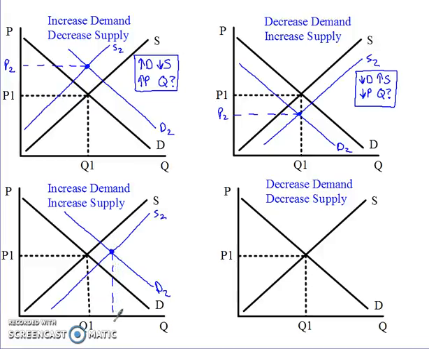I'm going to mark my new quantity, Q2. And then the price is going to depend. The way I drew it, it looks like price went up a little bit, but I didn't tell you the magnitude of the shift.